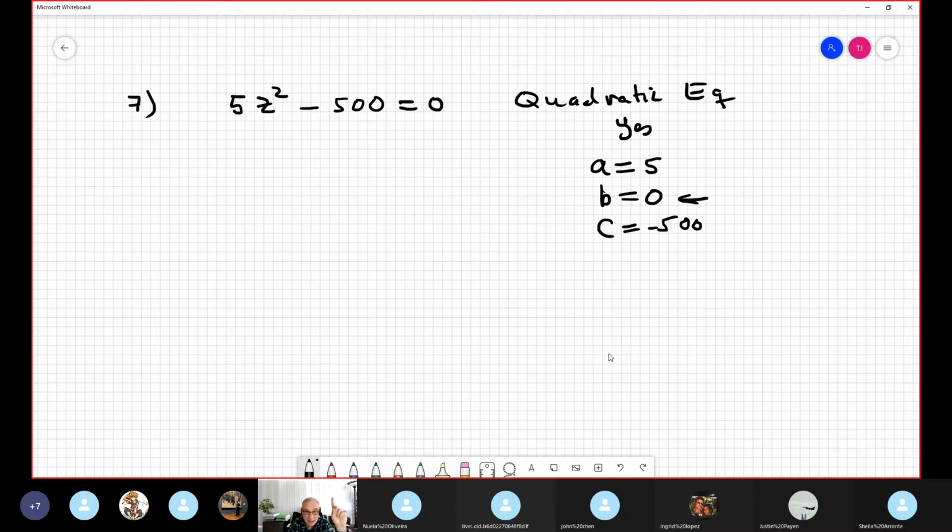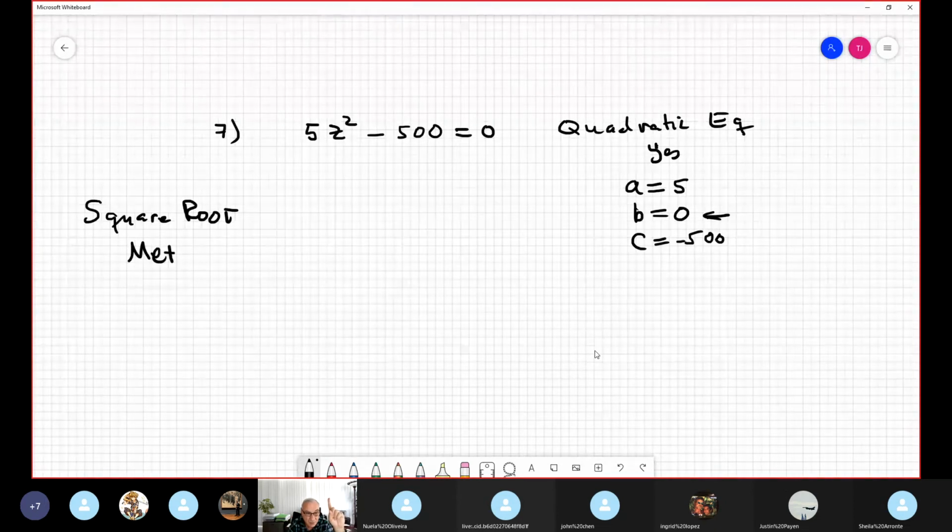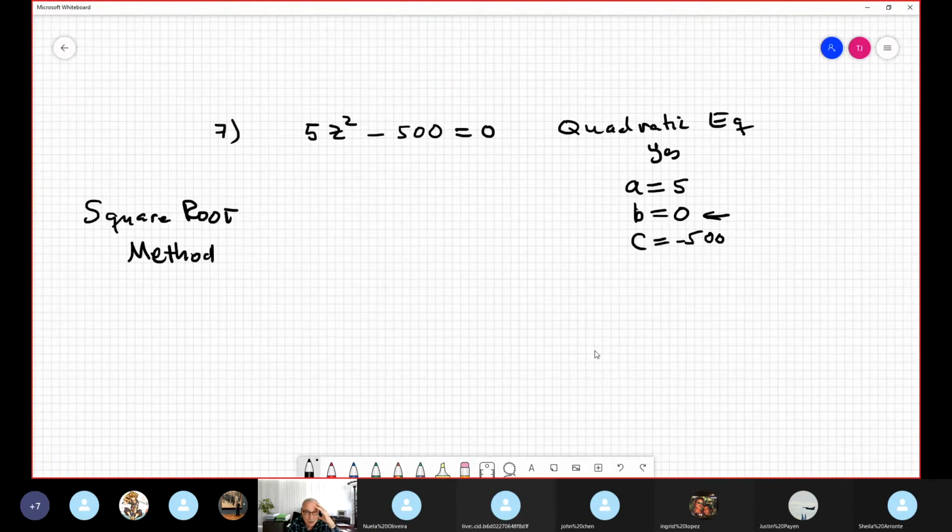The name of this method is called the square root method. What should I do? Well, you try to manipulate the equation similar to a linear equation. What does that mean? Well, you solve for c squared.